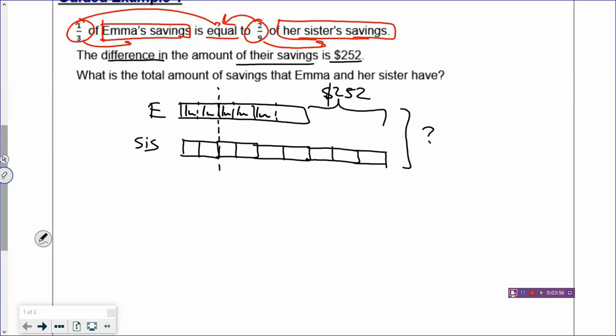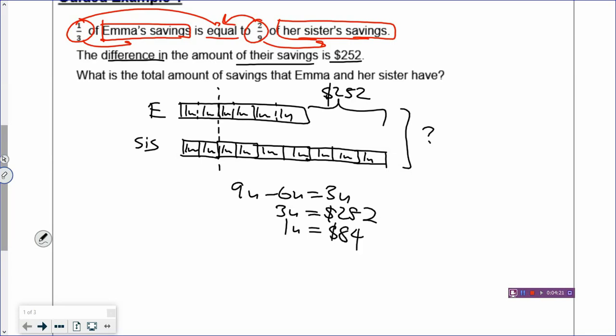Emma has 6 units, and the sister will have 4, 5, 6, 7, 8, and 9. How many units more does the sister have than Emma? 9 minus 6, you will have 3 units more. So 3 units more will be $252. To find 1 unit, 252 divided by 3, and your 1 unit is 84.